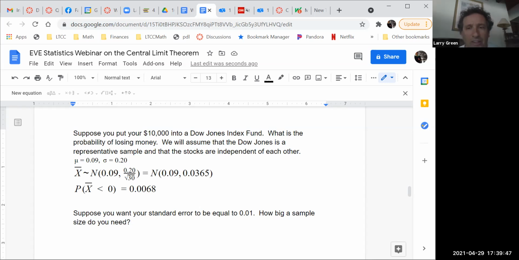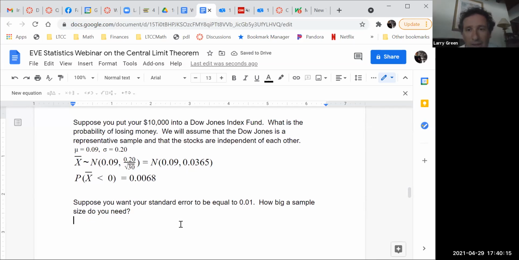Okay, what don't we know this time? What letter don't we know when it says how big a sample size do you need? Because it helps to understand what letter you don't know.